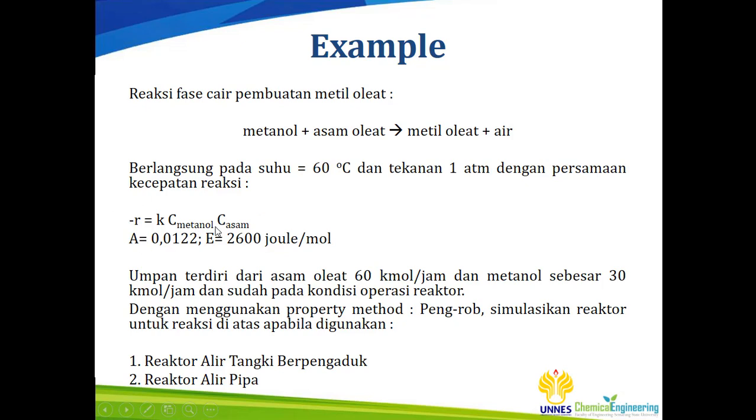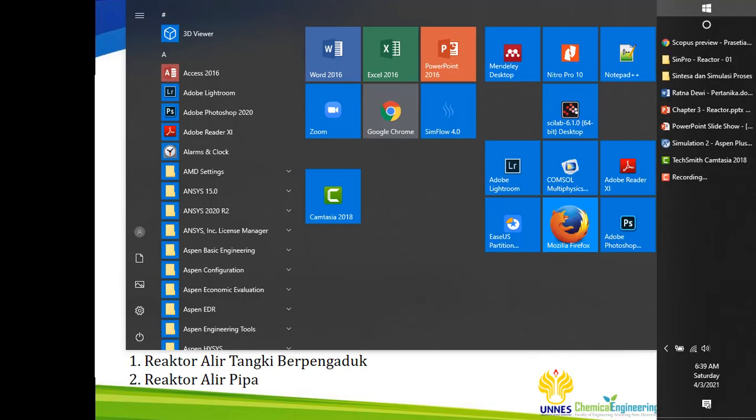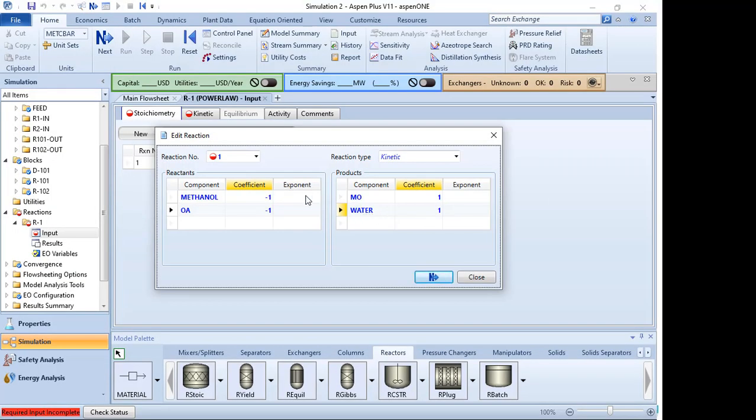In this equation, I can also say it like this: minus r equals k times the concentration of methanol to the power 1, right? Only 1 here. And times the concentration of oleic acid to the power 1 also. So we can write the exponent of the concentration of methanol and the concentration of oleic acid here. The exponent of methanol is 1, and oleic acid is 1.